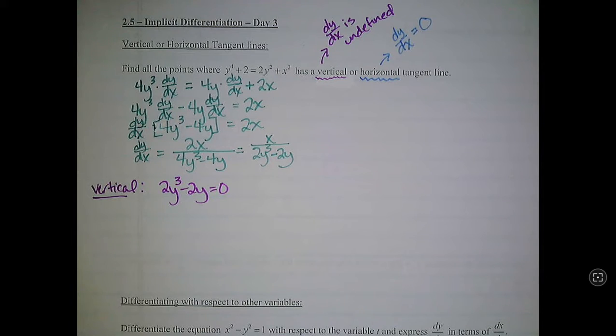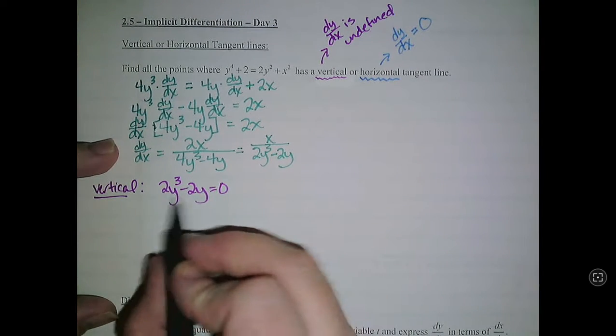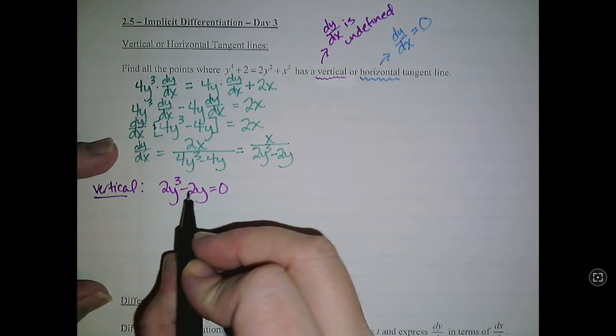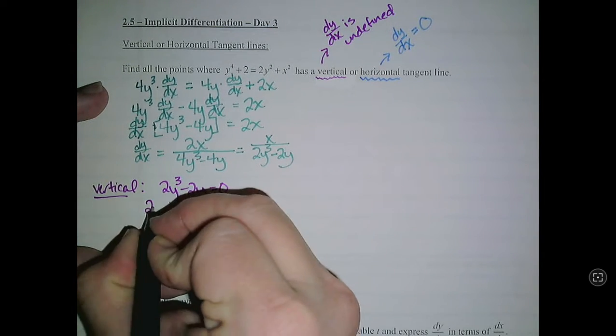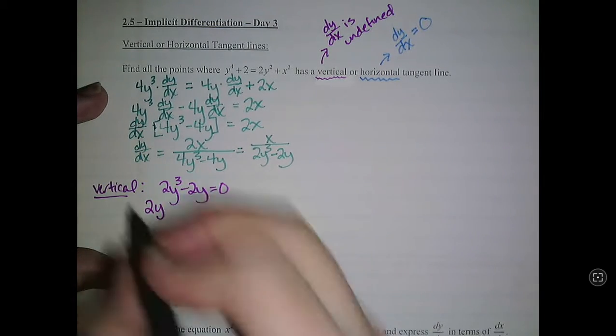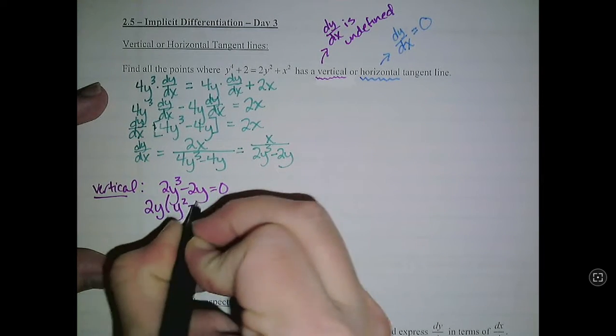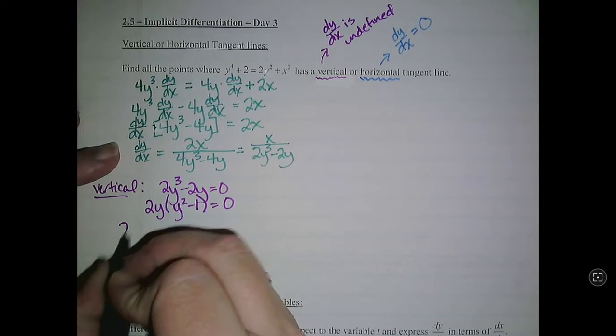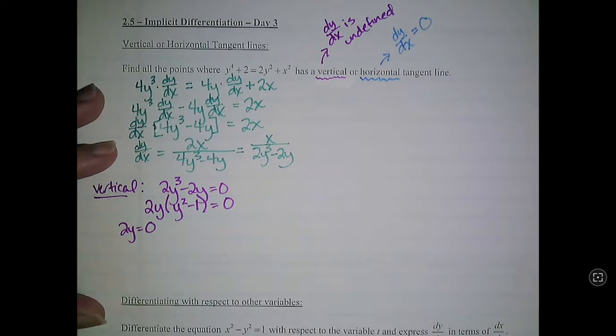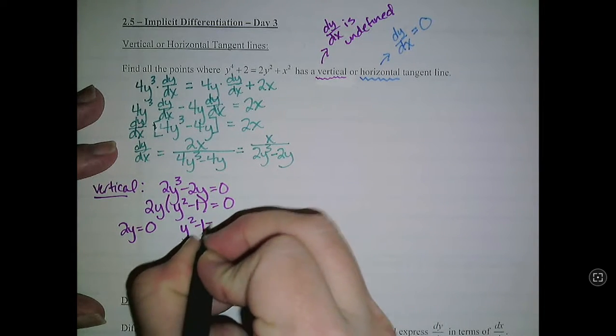So I do have a greatest common factor. Not only can I factor out a 2 from both terms, but I could also factor out a y from both terms. So I have 2y times y squared minus 1 equals 0. So then that means that either 2y is equal to 0 or y squared minus 1 is equal to 0.